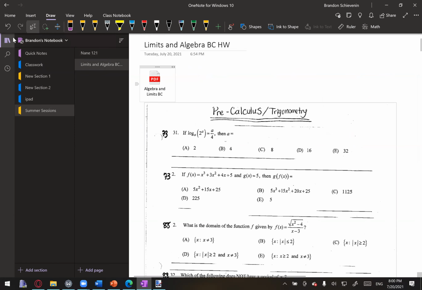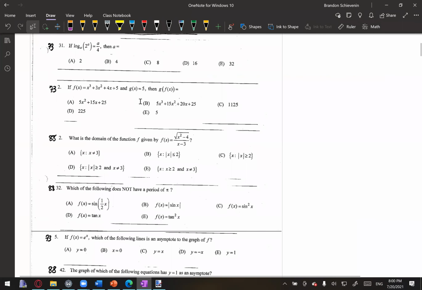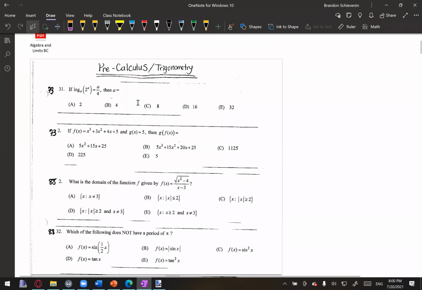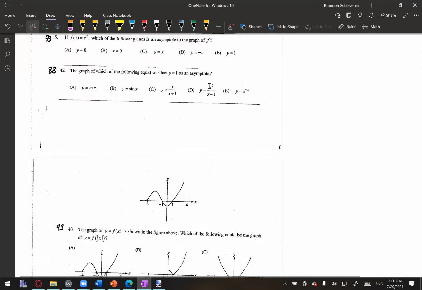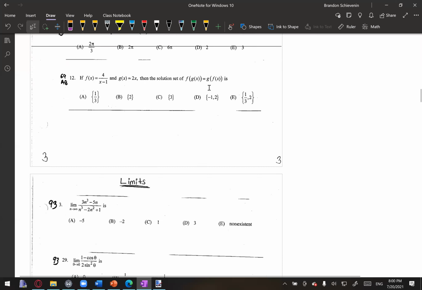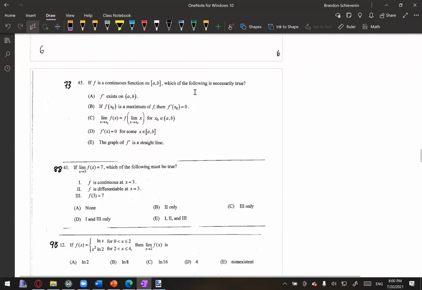Okay, I believe this is the BC one. So we've got pre-calculus and limits. Which questions did you want to talk about? Last question. Like last 3 pages. Last 3 pages.